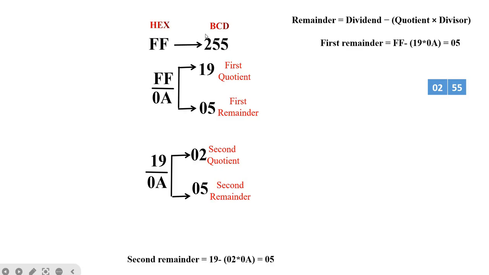So we got the digits of this BCD number, but these are not arranged. And as this is a 3-digit number, it cannot be stored at a single memory location. So it will be displayed in the memory locations as 02 and 55. 02 will be stored in one memory location and 55 will be stored in another memory location.